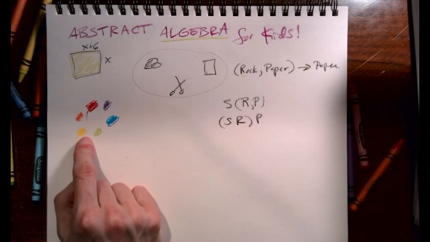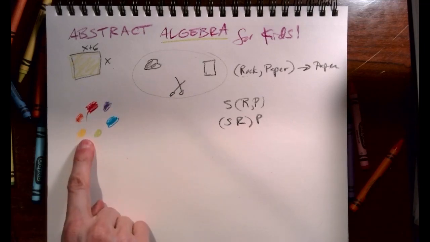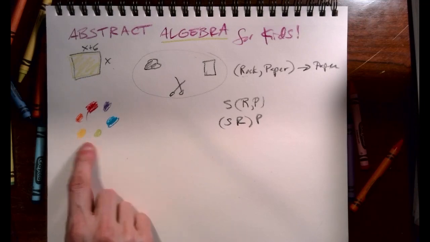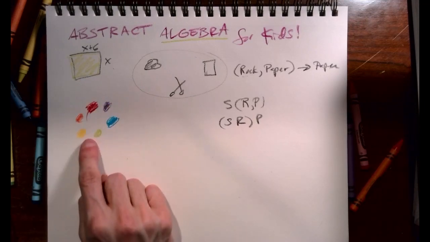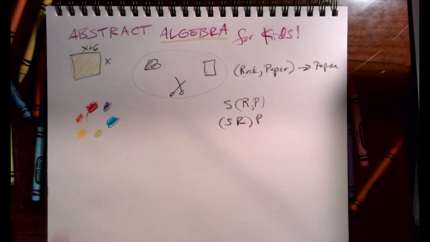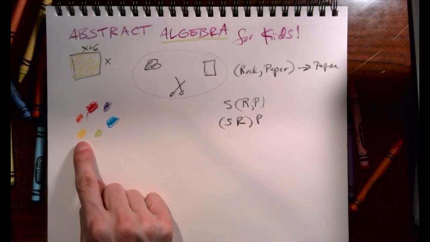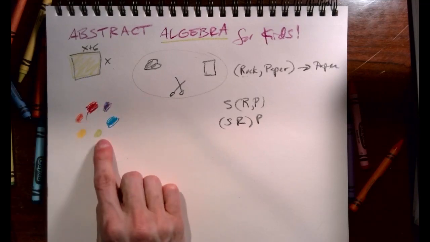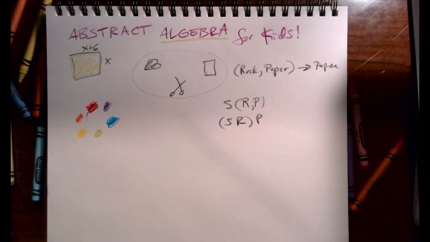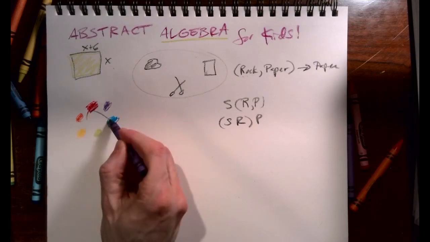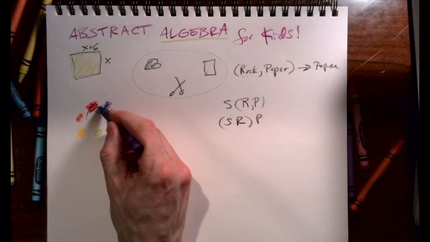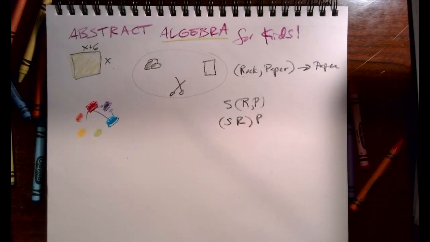But that's not in this set. This set only has these. So this is interesting. It seems like I'm going to need infinite colors in order to make this mixing of colors work, unless I cook up some rule to handle it, like if I combine these two, then I get one that's already there, so that I can just work with the ones I have presently.